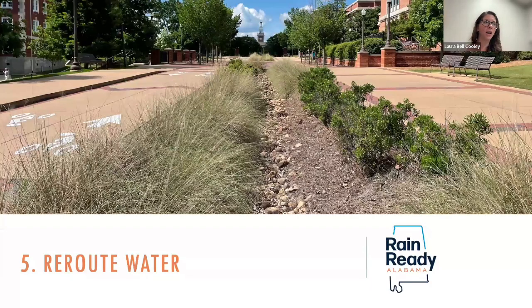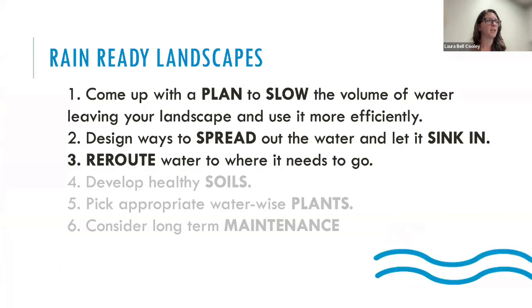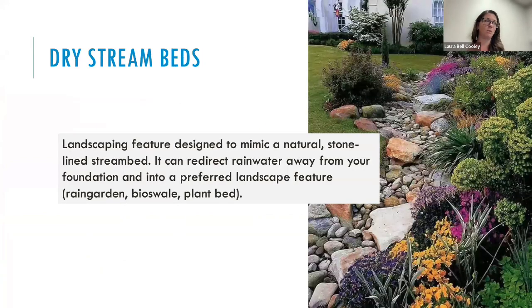Okay, so let's talk about rerouting water to where you want it to go in your landscape. So we're slowing down the water, spreading it out, letting it sink in, and then also thinking about rerouting it. One of the aesthetic ways I think can be really nice to include in a landscape is a dry stream bed.